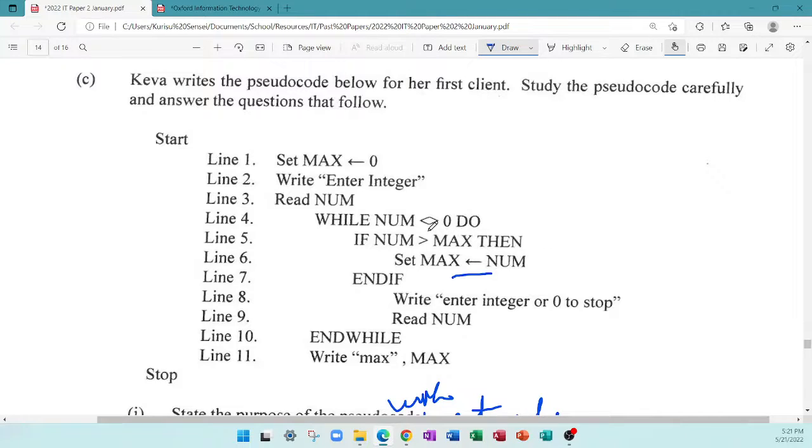So, anybody know what is a relational operator? What's the definition of a relational operator? It's in the name.